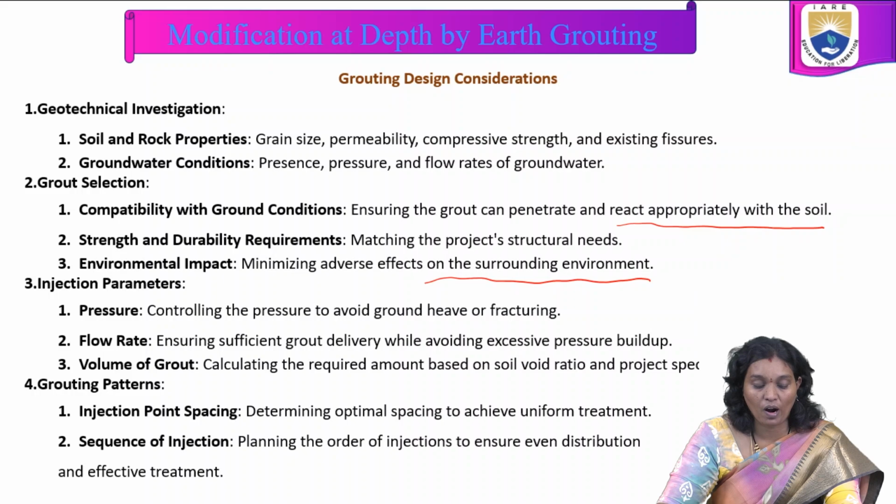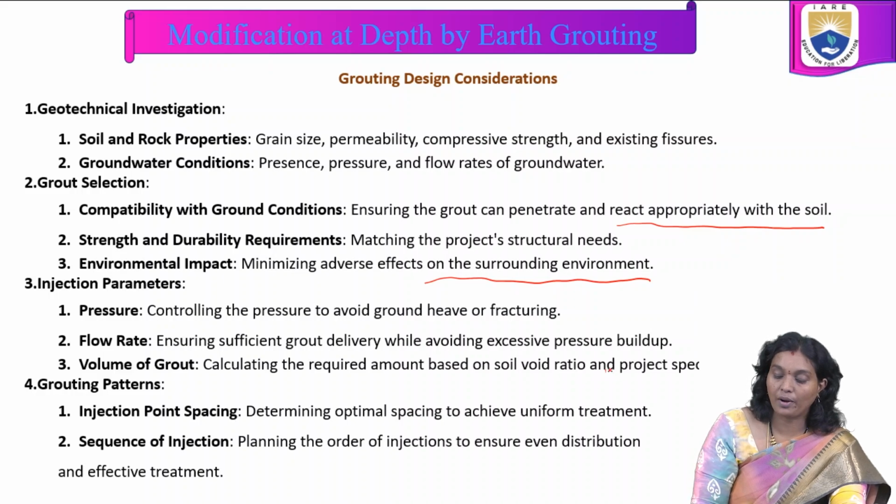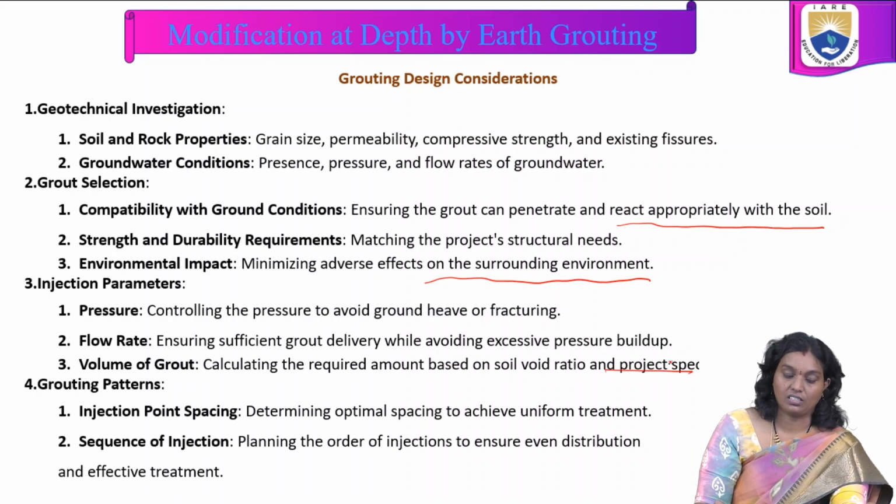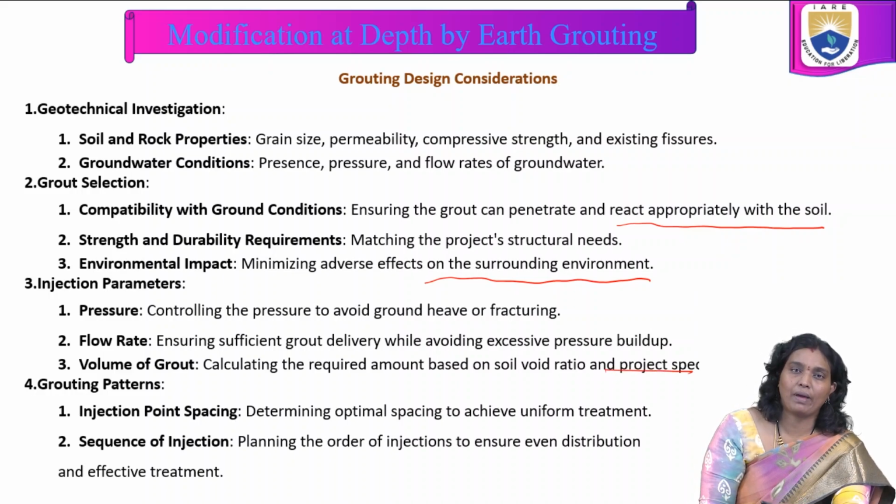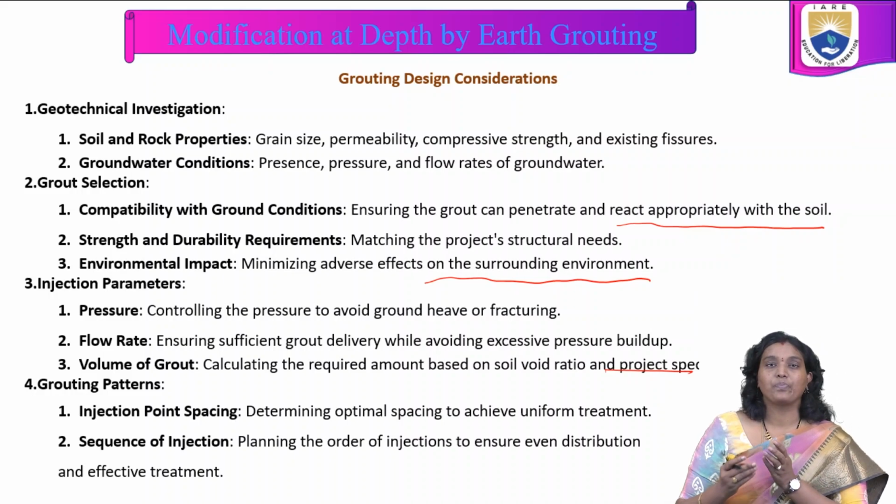For volume of grout, we calculate the required amount based on soil void ratio and project specifications. So in these injection parameters, we have to understand the pressure, flow rate as well as the volume of grout.